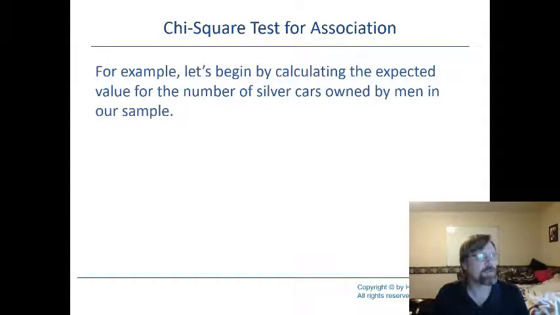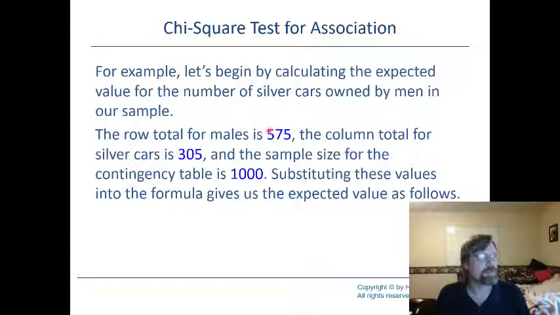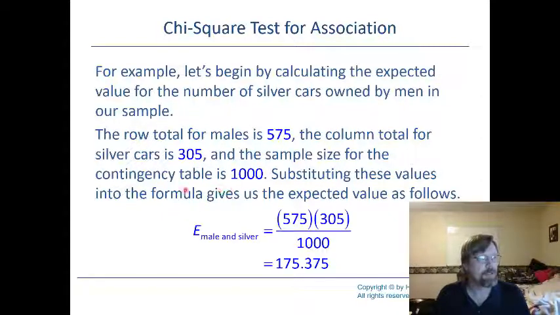That expected value should be 175.375. We would continue and do that for each cell in the table.